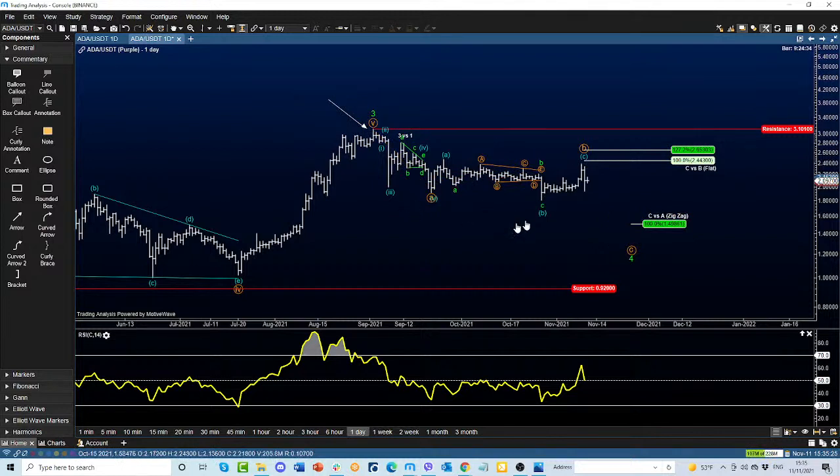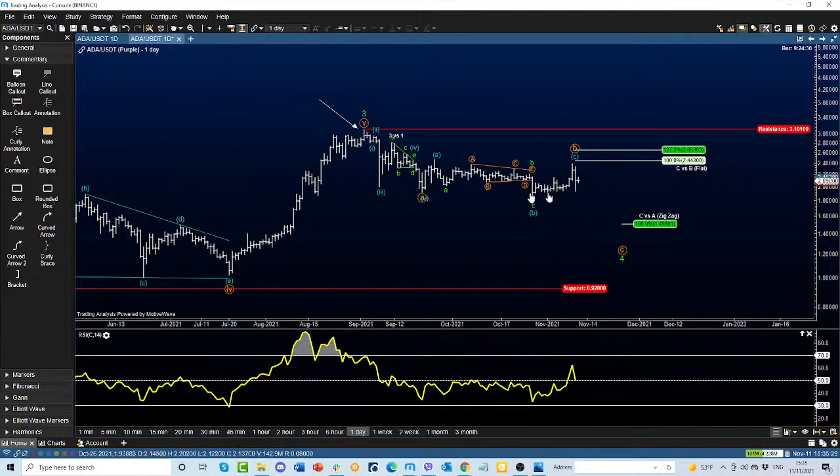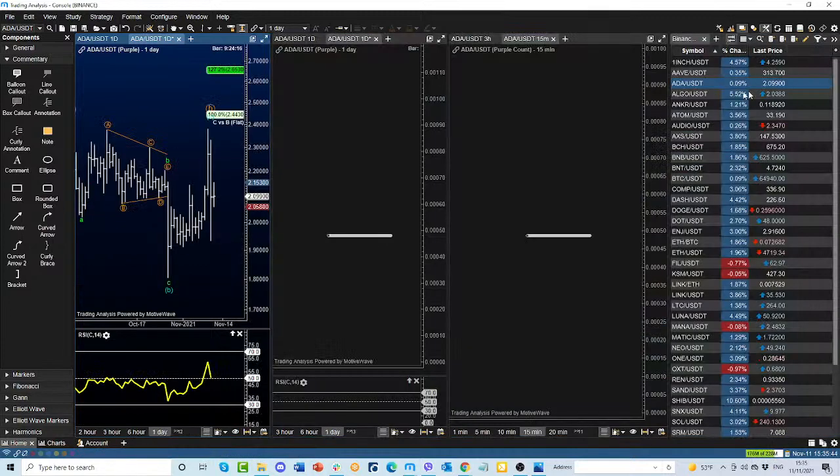I think everybody noticed that, and that exactly happened. But the subsequent move, I cannot count so impulsively on the upside. So I'm also really curious if we are going to break these support levels and continue to the downside after this pullback that we saw in the last couple of days.